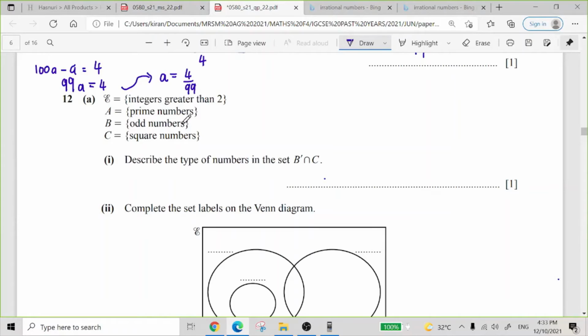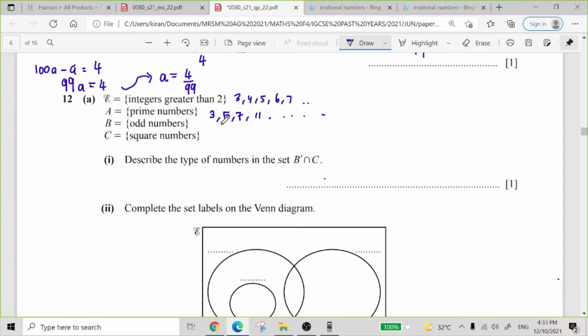Number 12. So 12A we have the universal set integers greater than 2. Okay, maknanya lebih daripada 2 integers. So we start with 3, 4, 5, 6, 7 dot dot dot. Okay, and then the prime numbers A, which is 3, and then 5, and then 7, and then 11 dot dot dot lah.